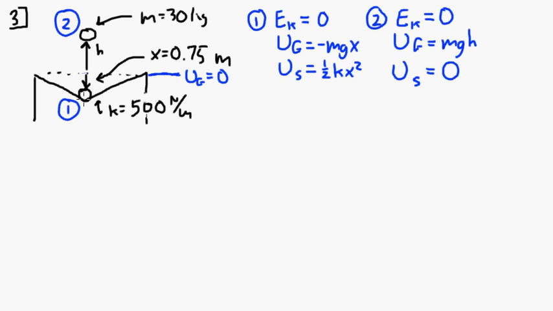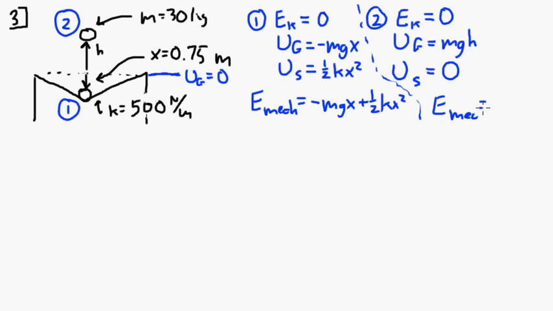So let's find the mechanical energy at both points. Mechanical energy at the very bottom of the spring is negative mgx for gravitational potential energy, plus 1/2 kx squared for spring potential energy. Let me just draw a dotted line through here. And then on this side, E mech is going to equal 0 kinetic energy, 0 spring potential energy, just the mgh.